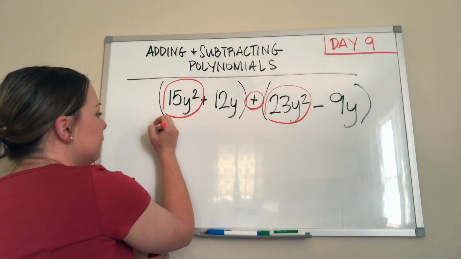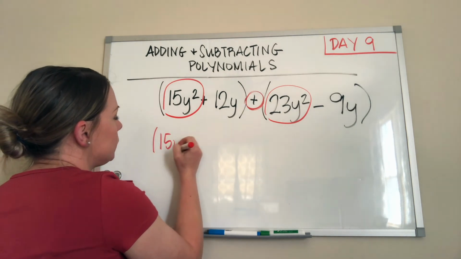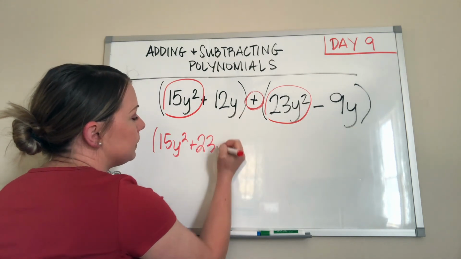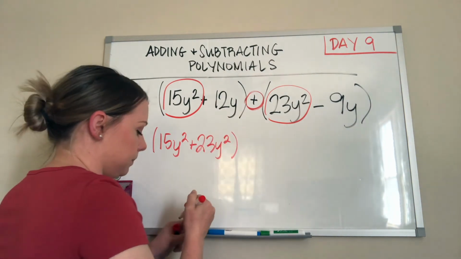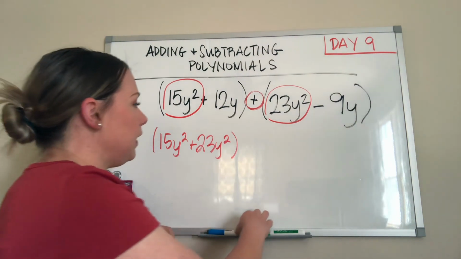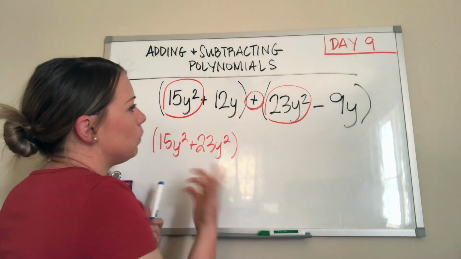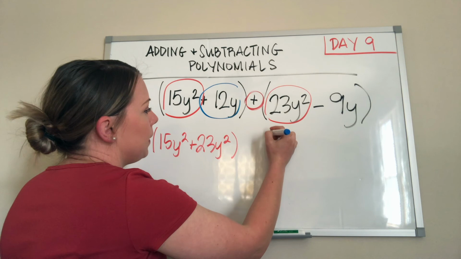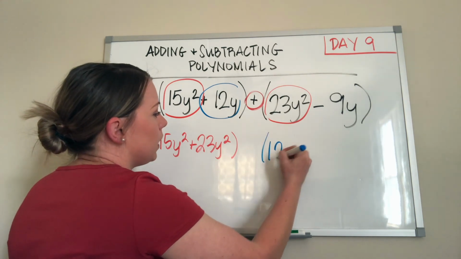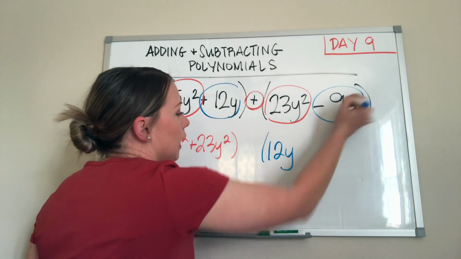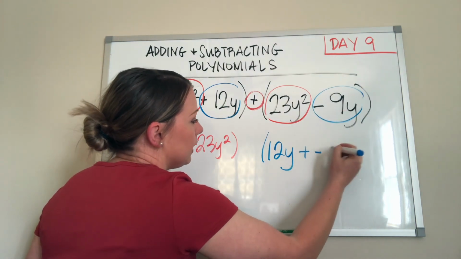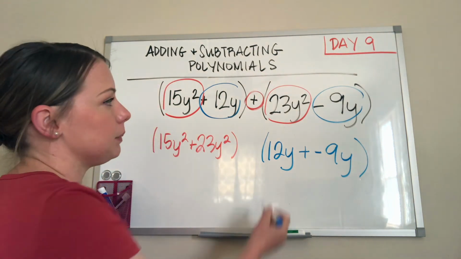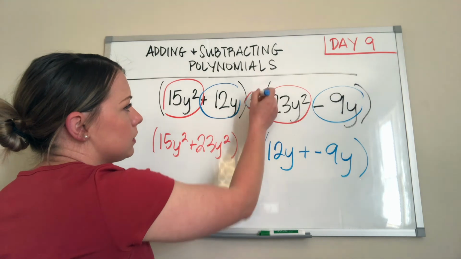So my first set of like terms are 15y squared plus 23y squared. All right, then my second set, I have to look at what's in front of it still. So in this case, I have a positive 12y, and then I have plus a negative 9y. I could also just write minus 9y, but to keep this consistent, we're going to write this each time as well.